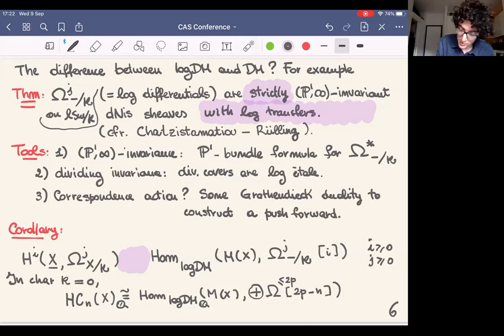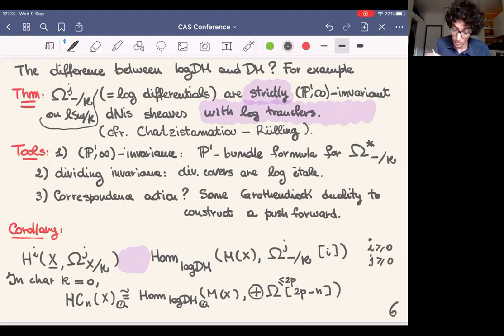The transfer structure, which is really the tricky part here, actually comes from the work of Andre Casita-Mathieu and Kai Ruling, who proved, in the generality that we needed, that you have a correspondence action on the sheaves of differentials.